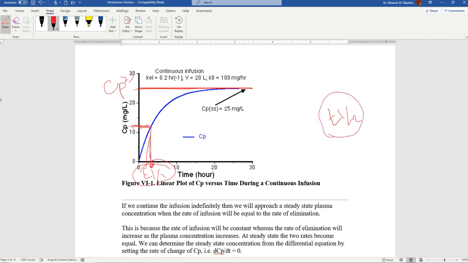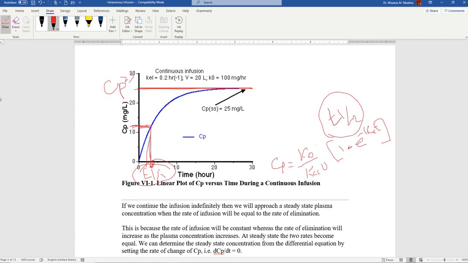What we can do is the following. Remember your equation: Cp equals infusion rate divided by clearance, multiplied by 1 minus e to the power of minus KEL times T. This is the equation you'll be working with.